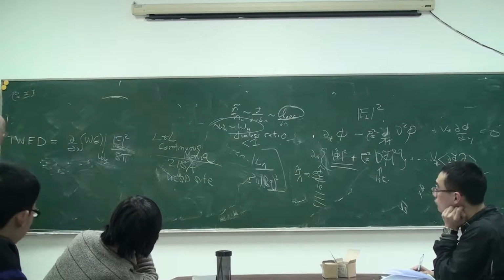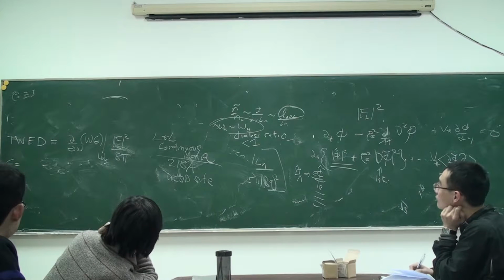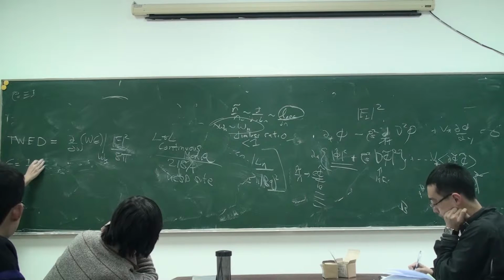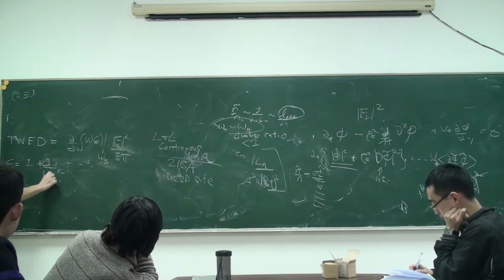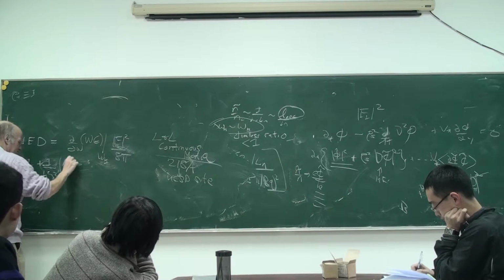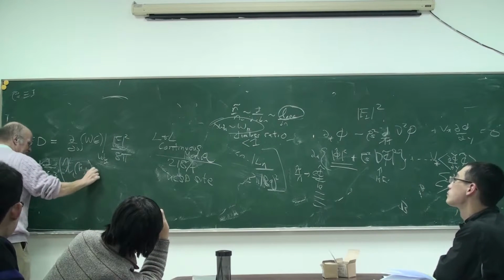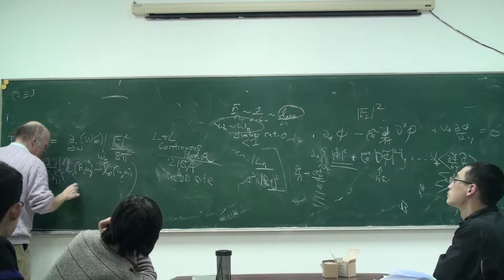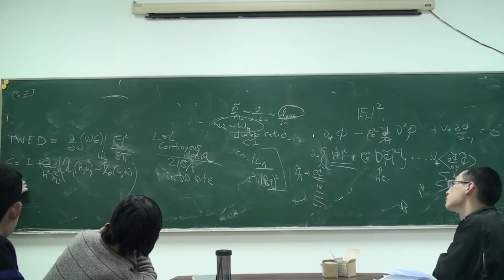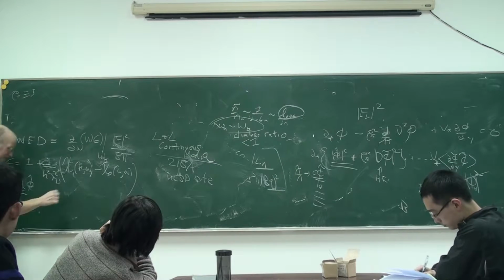Now the only thing that's a little tricky here is that epsilon for drift waves is equal to 1 plus 1 over k squared lambda_D squared, times the ion susceptibility minus the electron susceptibility. This is a susceptibility, not a diffusivity, the proportionality n equals chi times phi.